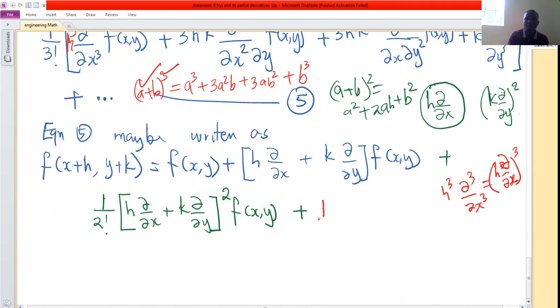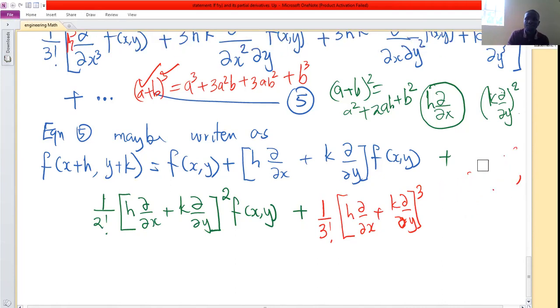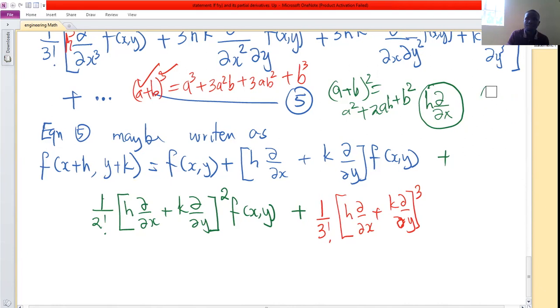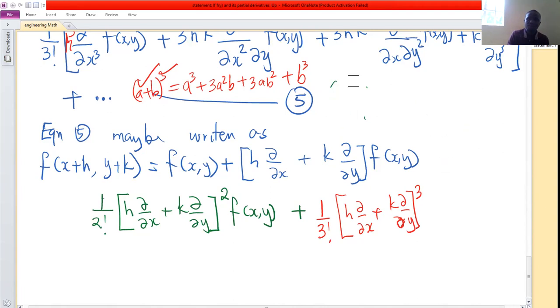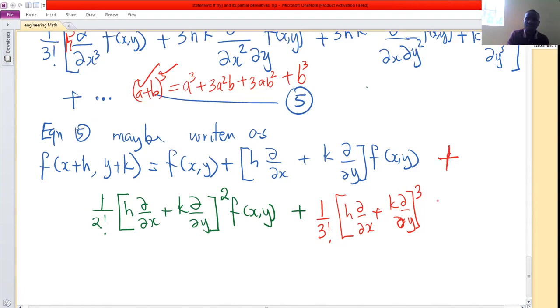So we'll have 1 over 3 factorial into h partial x plus k partial y, and then raised to power 3, and then we are pulling out that f of x comma y. So there's a plus here.